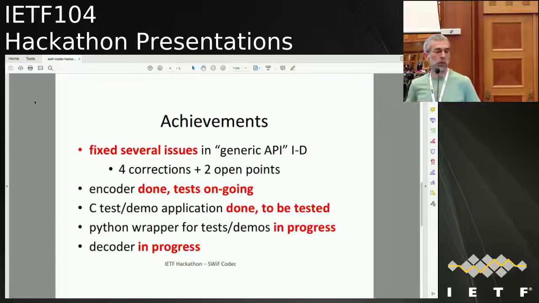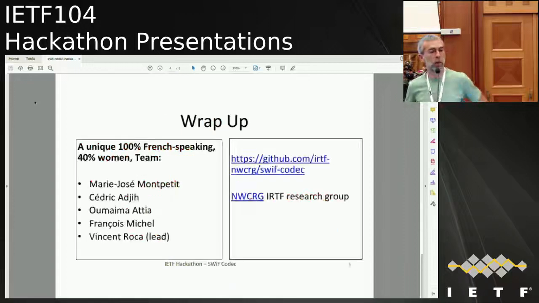We also managed to do reference demo applications in order to test this and stress the codec. We started a Python wrapper, and we also started some of the decoding parts. So that's great. We are very happy with that, and very happy with my team, composed of 5 people this time. So thank you.